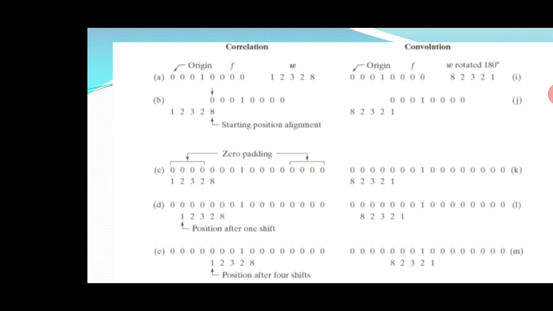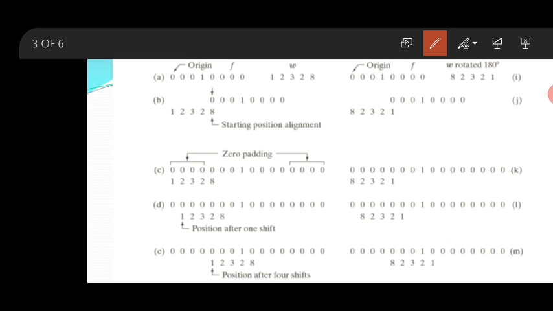Now you can see in this example the value of F is given here: 0 0 0 0 1 0 0 0. F is nothing but your image, and its origin is also mentioned at the point.